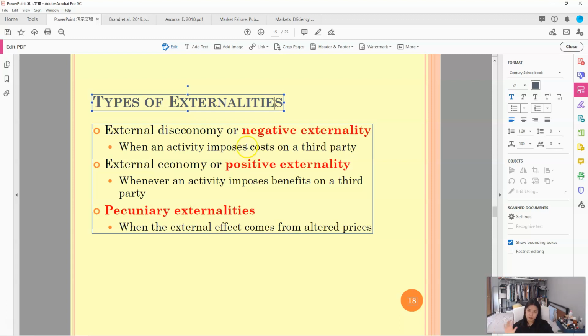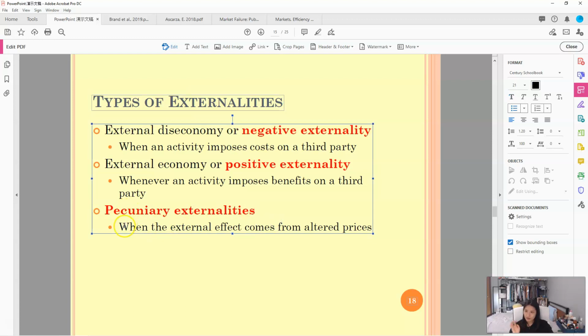Pollution is a negative externality, and education, or we can say university education, high school education, they are positive externalities. And the third one would be pecuniary. Maybe I pronounce it wrong. Pecuniary externality.